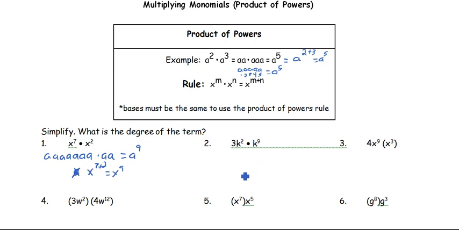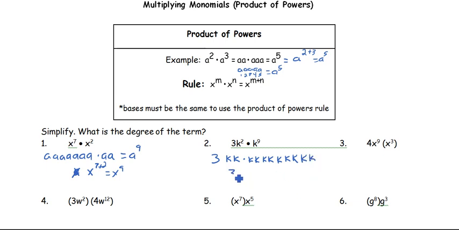All right, so on number 2, what do we do when we have a 3? Well, there's only one 3, so I'm going to put that right there. And then I'm going to go ahead and write k times 1, 2, 3, 4, 5, 6, 7, 8, 9.